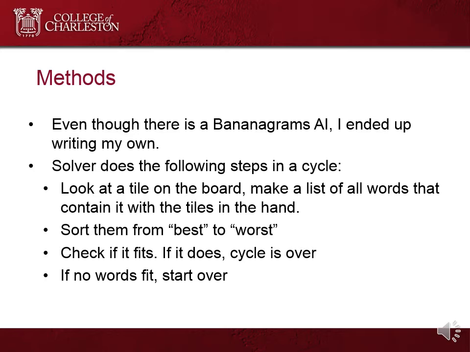After this step, the program checks if the word fits by making sure it doesn't take up any spaces that are already occupied, and that any other connections it might make with other words on the board are themselves still real words. If the word does fit, the next cycle can start. If no words fit after checking all the tiles on the board, then the program takes all the tiles off the board and starts over.